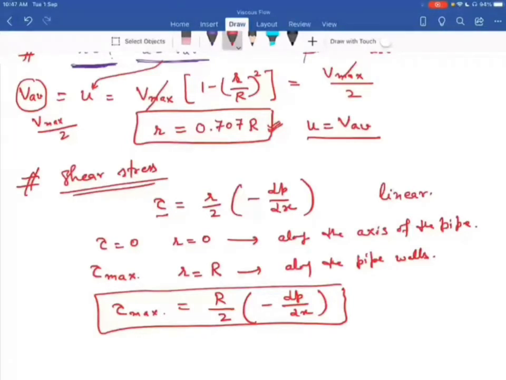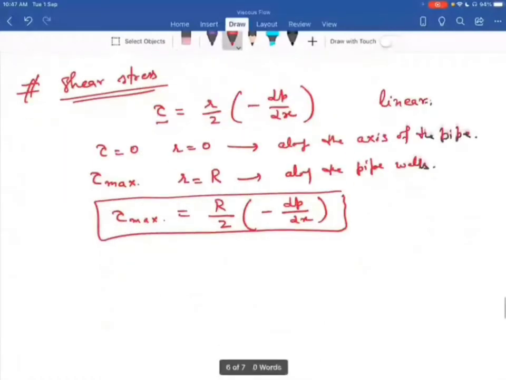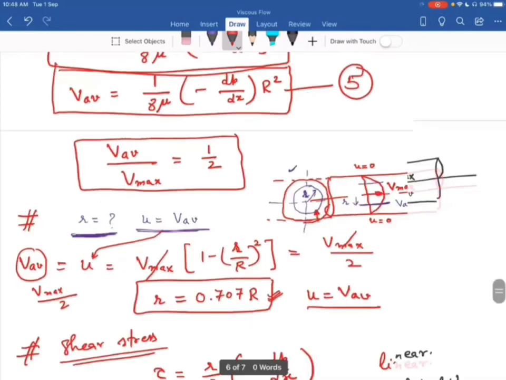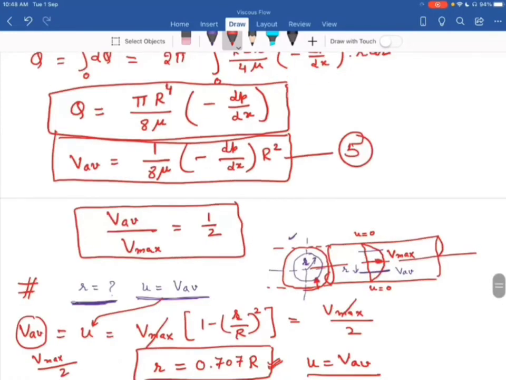Then the last, we have to find out the pressure drop. Now again, this pressure drop in terms of V average, average velocity. So for that, you use the relation for average velocity, that is your equation number 5.